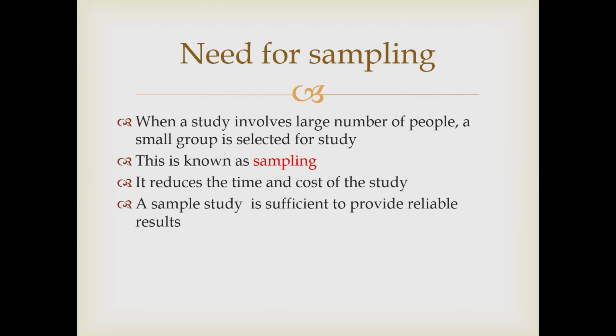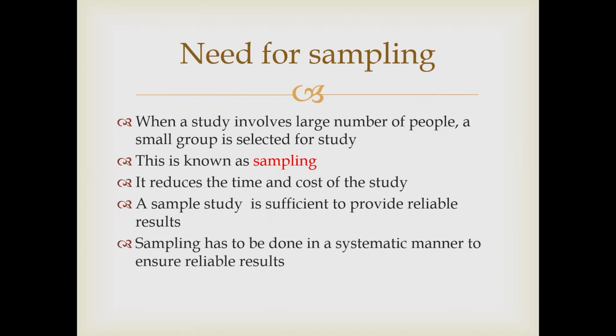So we want to collect data and analyze the data and come with reliable results. So we want results which are reliable about the population, for which a sample study is sufficient. But there are certain conditions. That is what we are going to see. The sampling has to be done in a systematic manner to ensure reliable results.